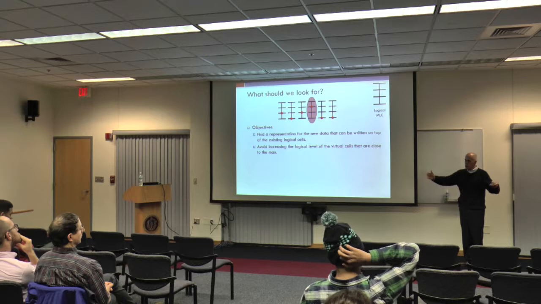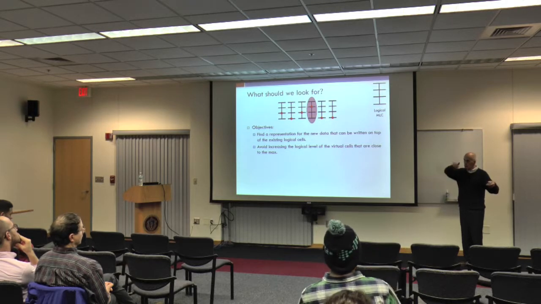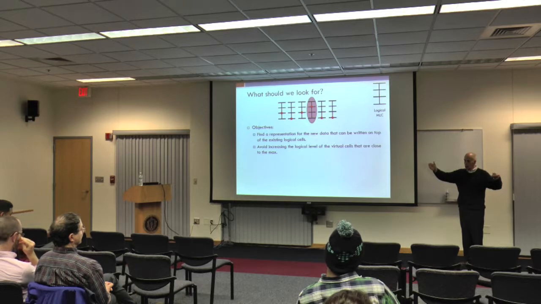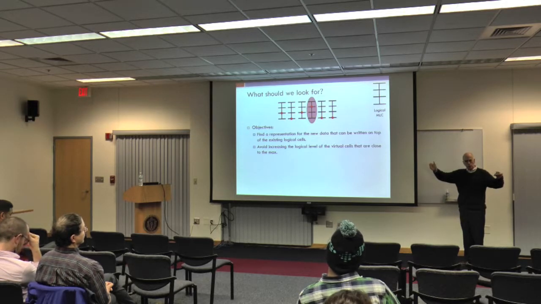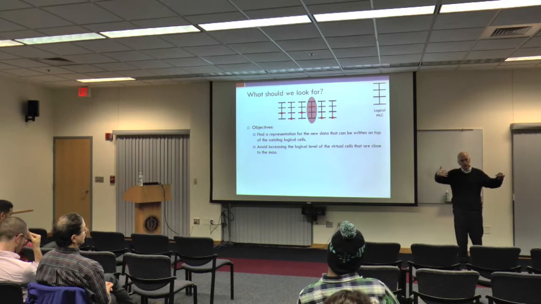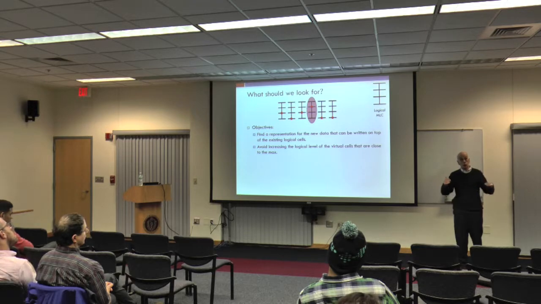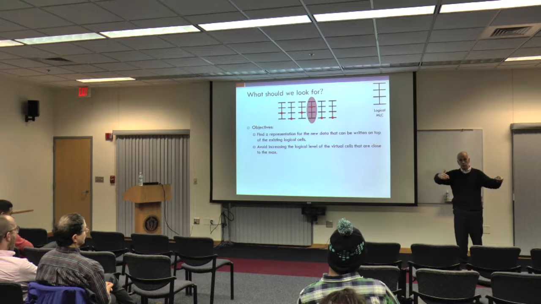So this offers a way of writing 3 bits in 7 bits. How am I going to write the 3 bits? I'm going to write the 3 bits as a coset of my Hamming code. That is to say, a translate. And I'm going to choose a representative of that translate with smallest weight.